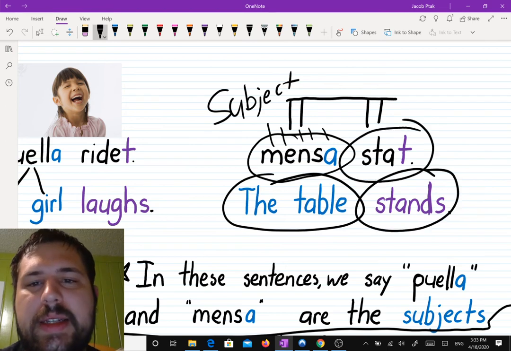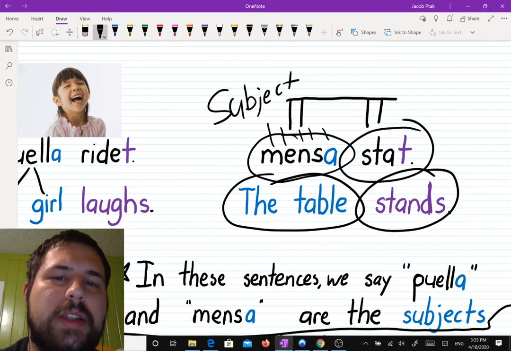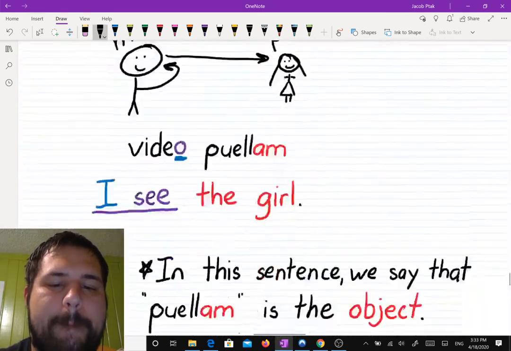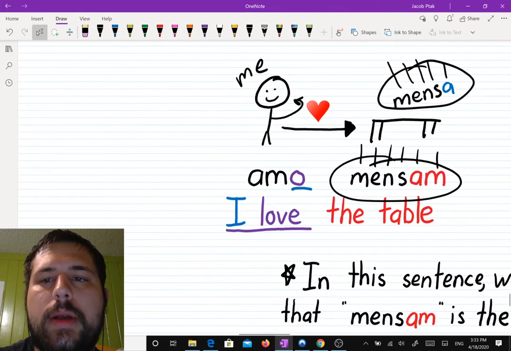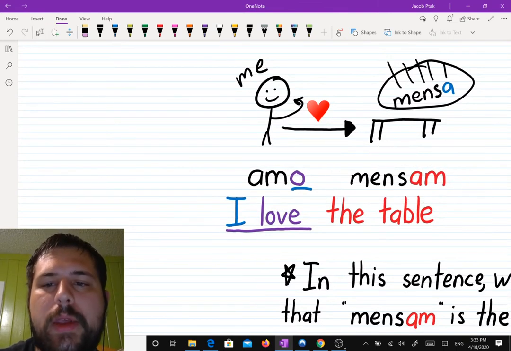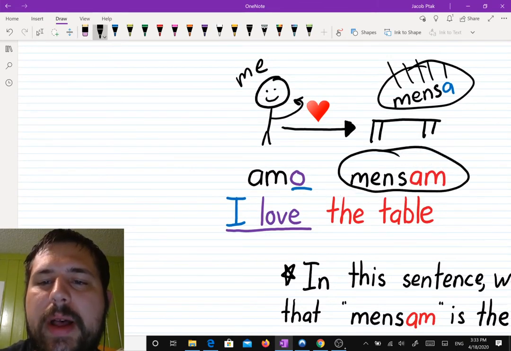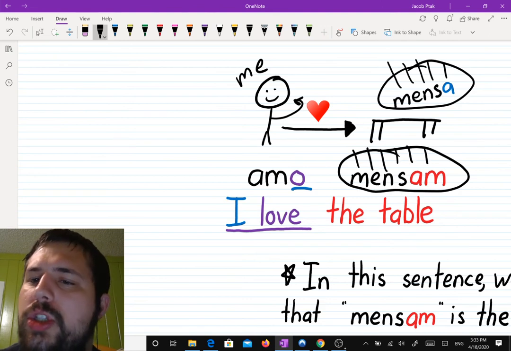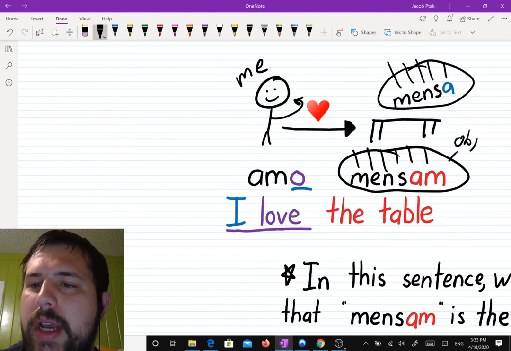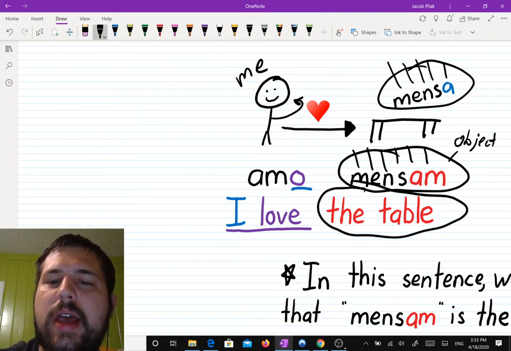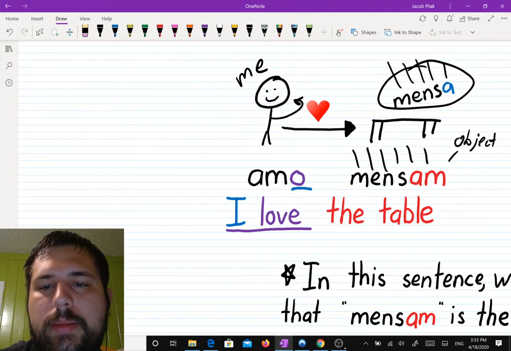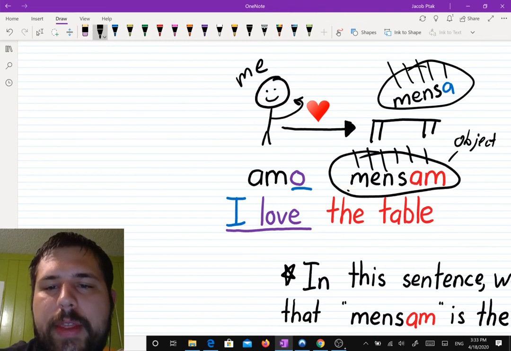Mensa stat. But let's go down again. Amo mensam. In this sentence, it's spelled M-E-N-S-A-M, which lets me know it's the object. So, in this sentence, I'm doing something to the table. I love the table.